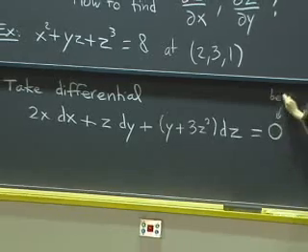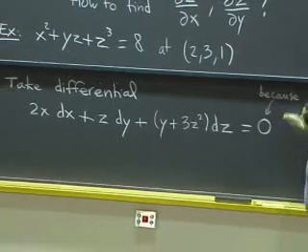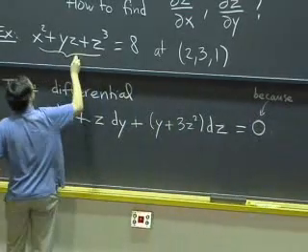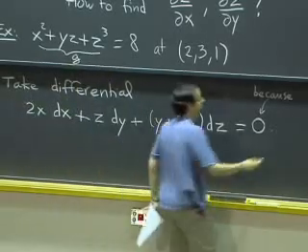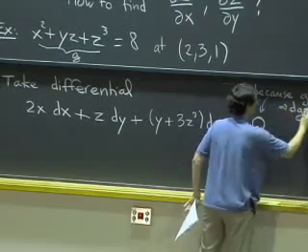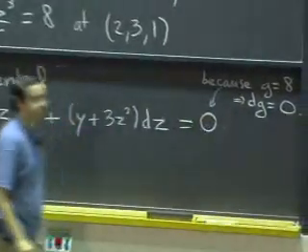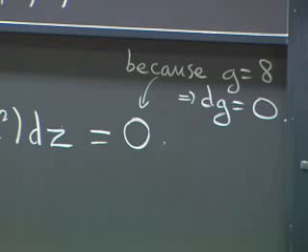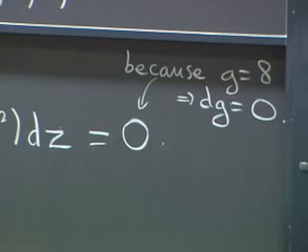Because, well, if I call this G, then G equals 8 is constant. That means we set dG equal to 0. Okay. So now let's just plug in some values at this point.